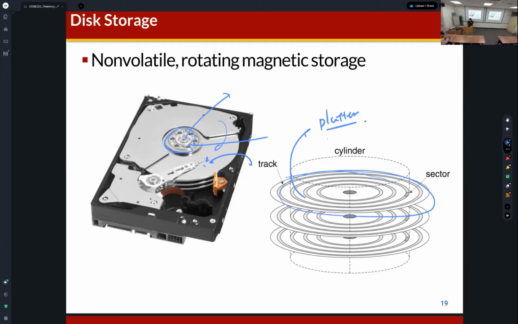That's the problem of the hard disk drive, because the motor needs to rotate the platter, and the head on the arm needs to find the position of the data. So it will take a very long time.